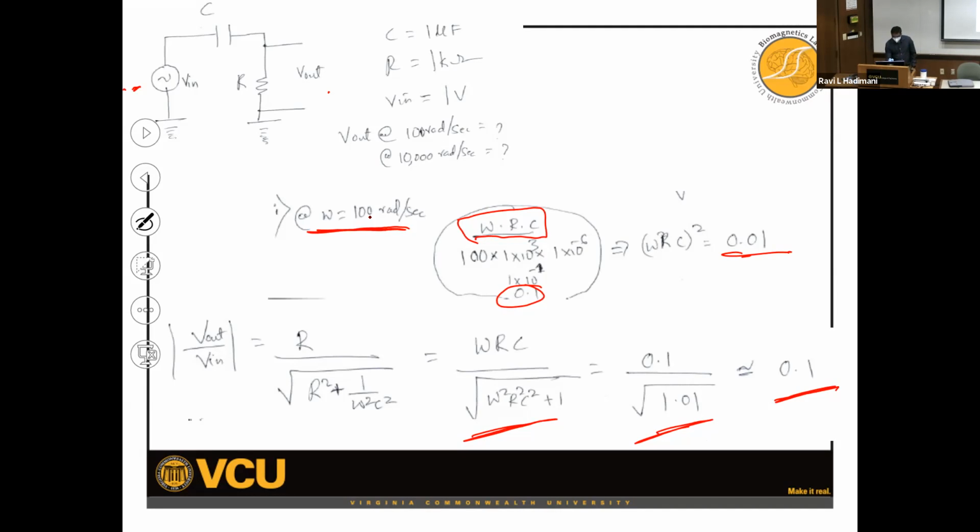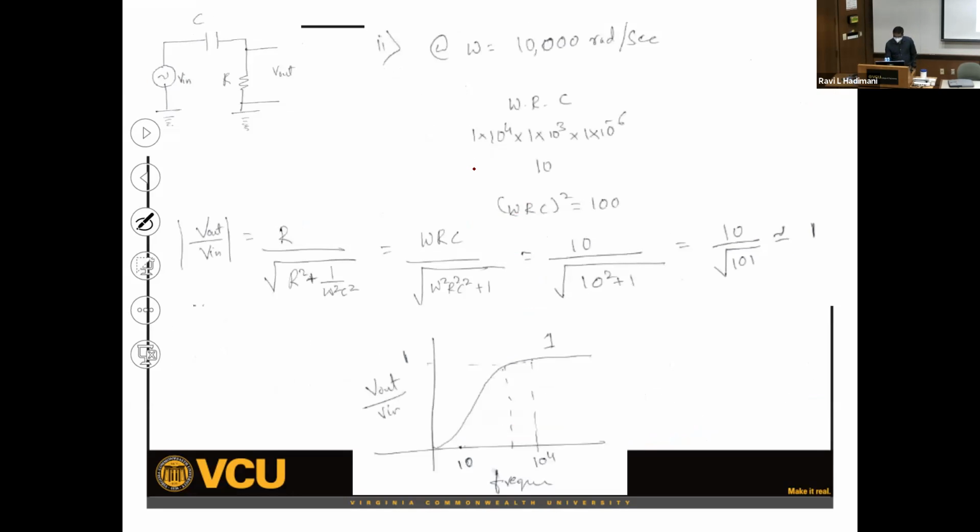Let's do the same thing for 10,000 radians per second. What do you think it will be? Well, let's see. If you substitute 10,000 radians per second instead of 100, you get omega RC equals 10, omega RC squared equals 100.